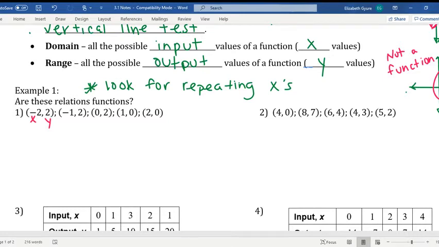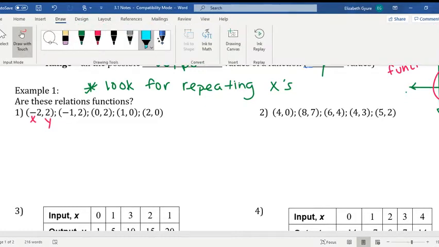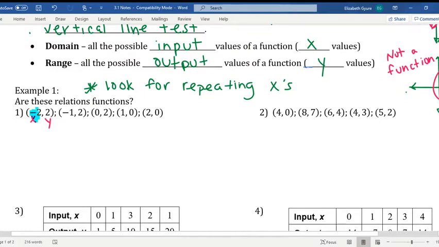So all we need to really look at right now is just our x values. So this first point has an x value of -2. This next one has an x value of -1. And then we have 0. Then we have 1. And then we have 2.